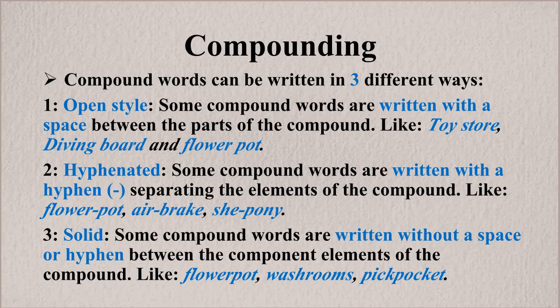In these examples, it can be seen clearly that the words are written with a small hyphen mark inside the two components of each word. Third is solid way. Some compound words are written without a space or hyphen between the component elements of the compound, like flowerpot, washrooms, pickpocket. These examples illustrate that these words' components have nothing between them.